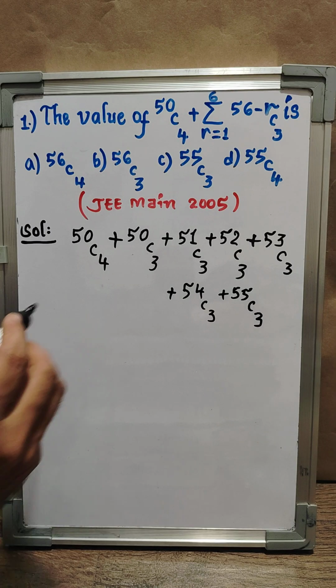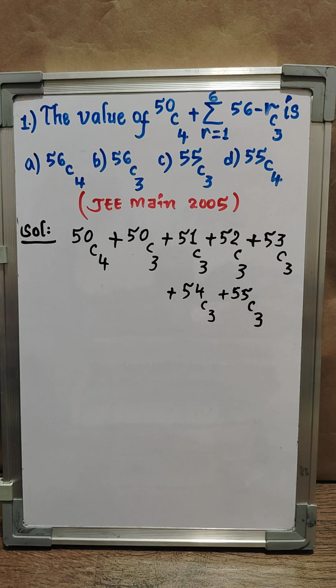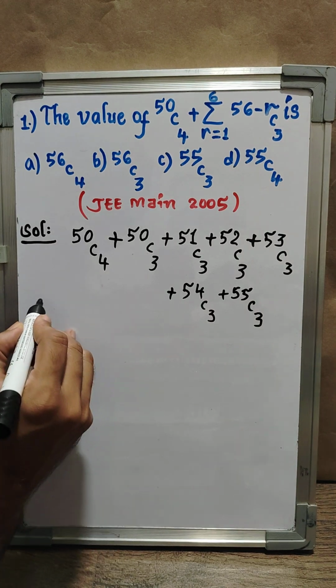We have one formula: NCR plus NCR minus 1 equals N plus 1 CR.